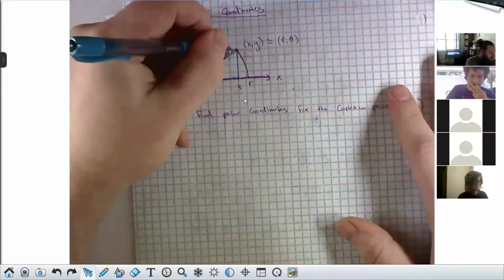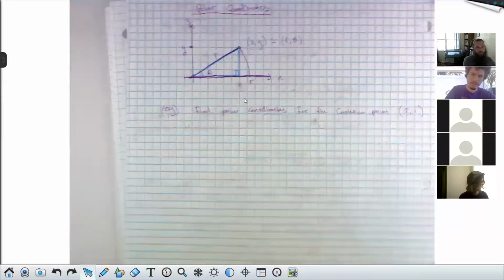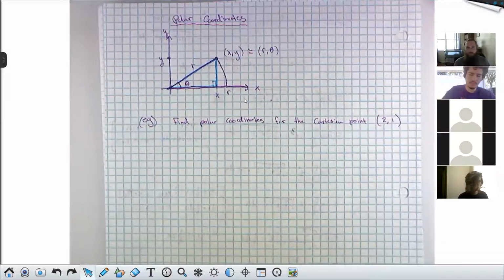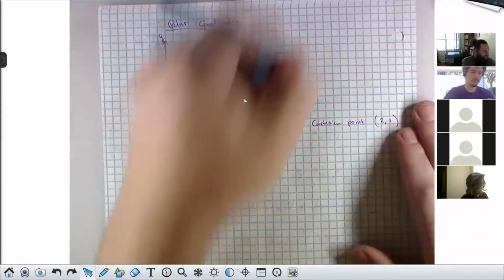So you see here this bold blue right triangle. We can use some very basic trigonometry to express r and theta in terms of x and y. Think about the definition of sine and cosine.